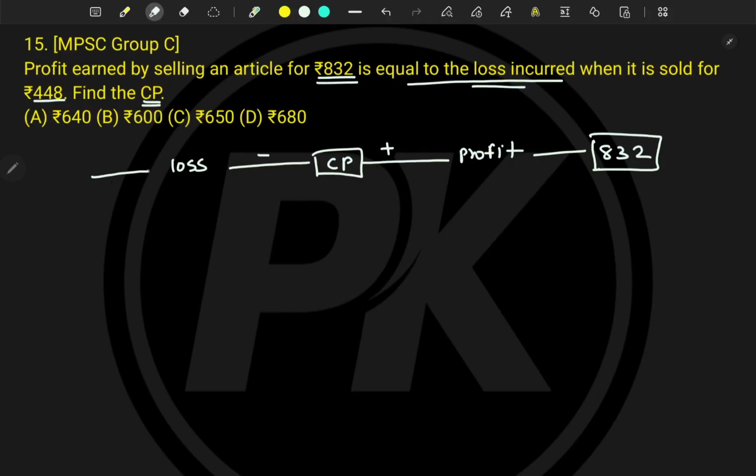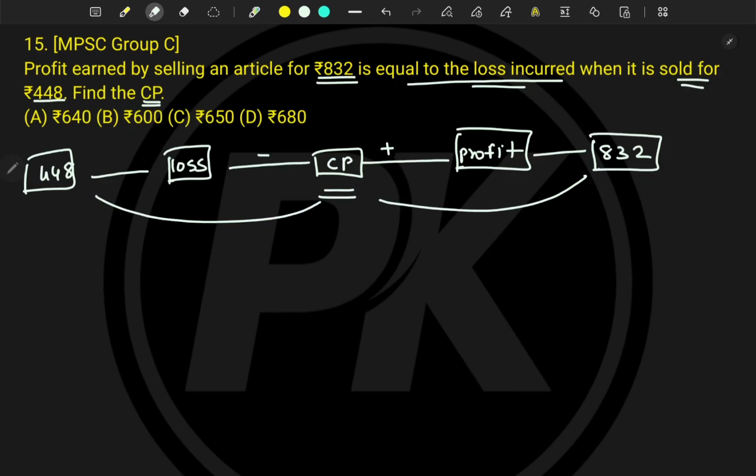So I'm getting a loss when I'm selling it for 448 rupees. This loss is equal to this profit. This is what it is saying. That means this cost price is exactly midway between these two. You are getting the concept. That means my cost price will be the average of these two.